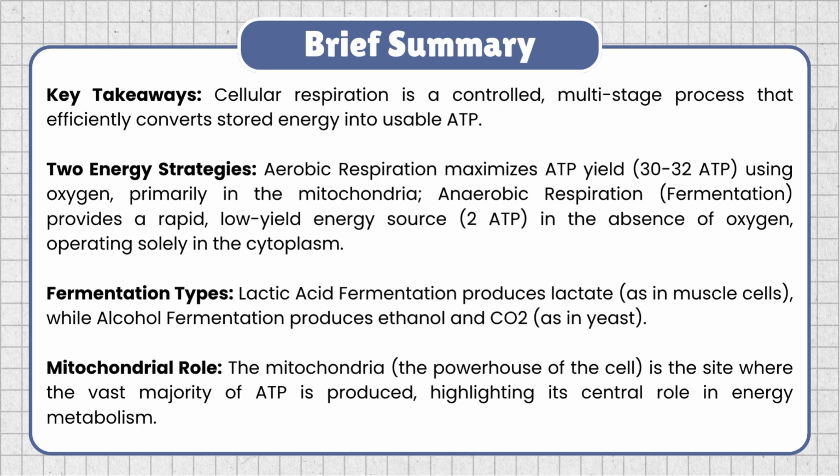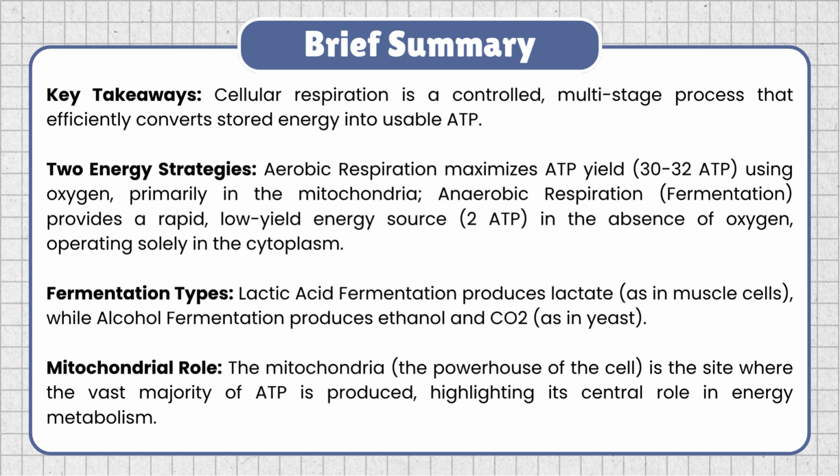Now, to summarize our discussion, remember this: cellular respiration is a controlled multi-stage process that efficiently converts stored energy into usable ATP. We covered two main strategies for energy. Aerobic respiration maximizes the ATP yield, producing 30 to 32 ATP using oxygen, primarily inside the mitochondria.